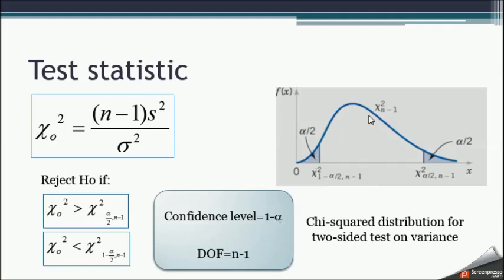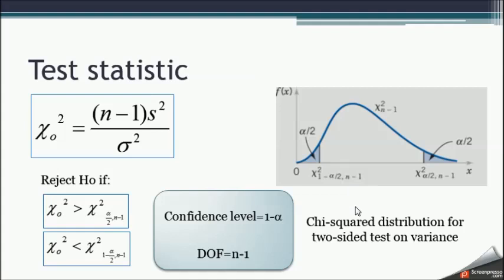So this is the chi-square distribution. We notice firstly that the chi-square distribution is not symmetric around the mean value. We have seen the normal distribution and the student t distribution are symmetric and even around the center or the mean value. But the chi-square distribution is not even and is not symmetric around the center.